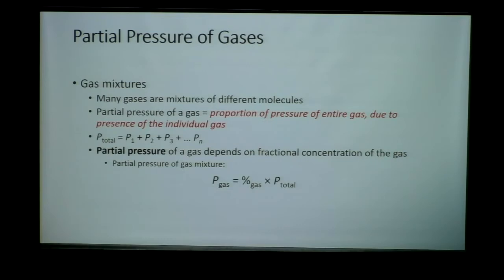In this instance, that would be nitrogen, oxygen, and other gases that contribute to the partial pressure here. And so this is the formula that we introduced in order to calculate the partial pressure of a gas. It's the percentage of the gas that makes up that mixture multiplied by the total partial pressure of the entire mixture, okay?